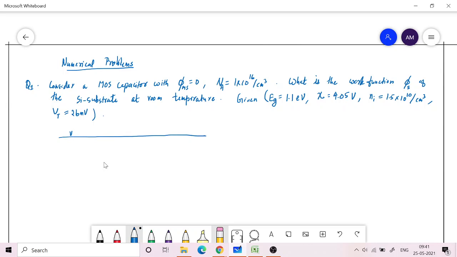So you have the vacuum level, and then somewhere here you have phi m, and it is going to be the same level on the substrate side also, which is phi s, and that is what you need to find out.